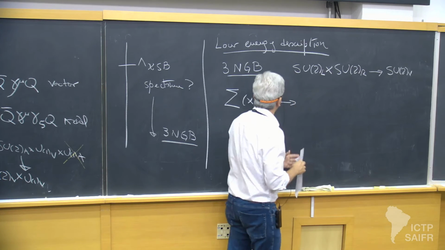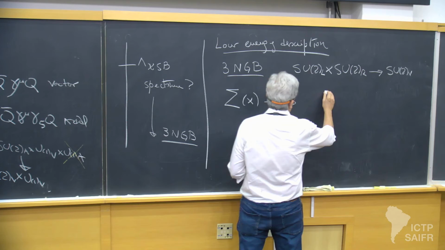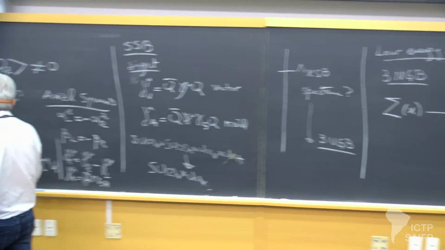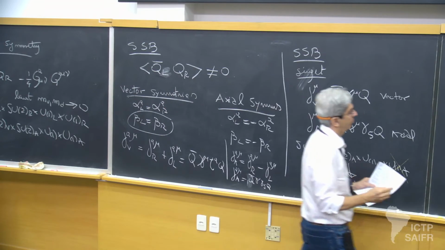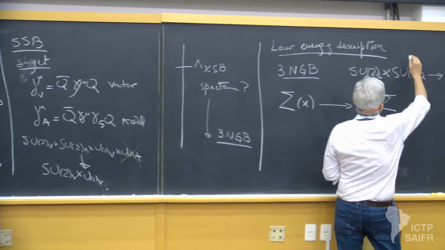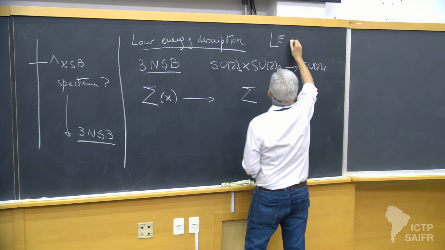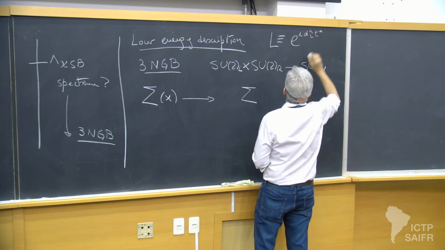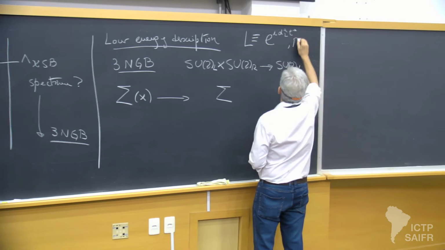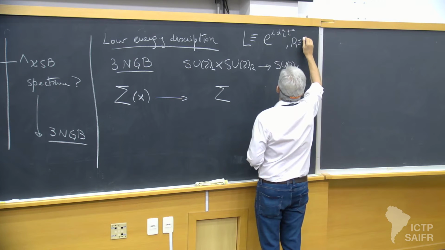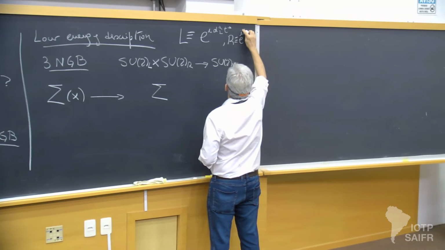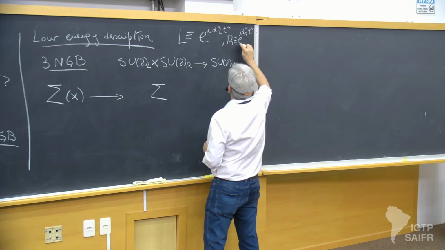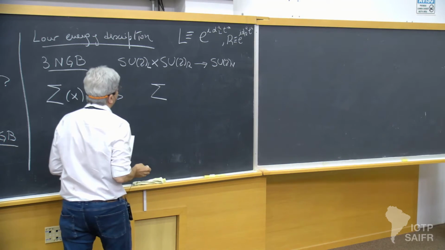So let's give these things a name. I'm going to define L as e to the i alpha_L T^A, and I'm going to call R e to the i alpha_R T^A. So these are just easier to write every time.